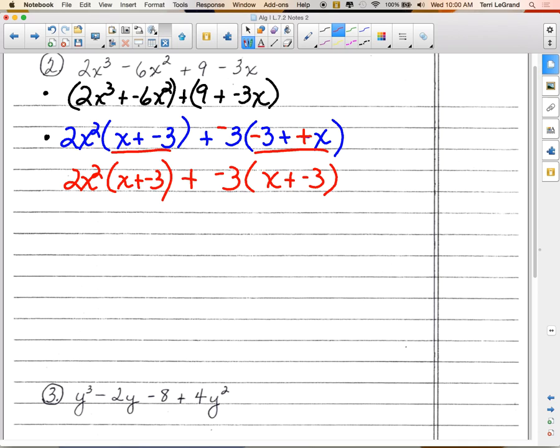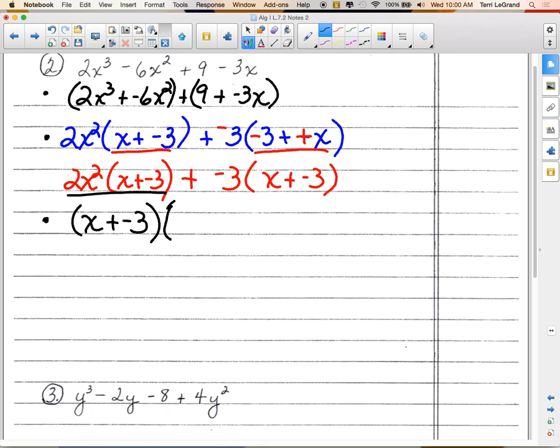Now we have a GCF for each group. We can say that x plus a negative 3 is the GCF. They both have that. No plus sign here. Times the other binomial factor that I should get.